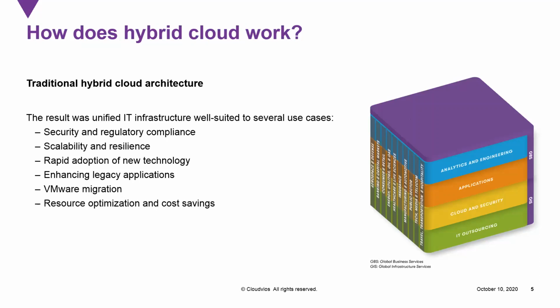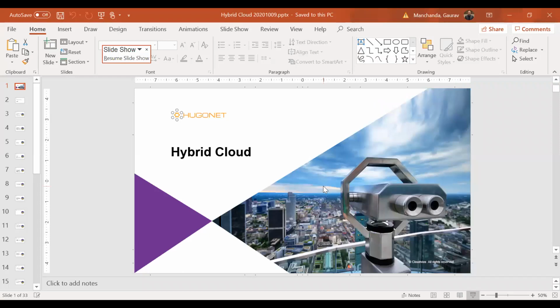When it comes to traditional hybrid cloud architecture, this is when people used to migrate their workload to cloud to meet security and regulatory compliance, or because their data center is dying and they don't have enough capex. There are different reasons why they were shifting from on-prem to the cloud.